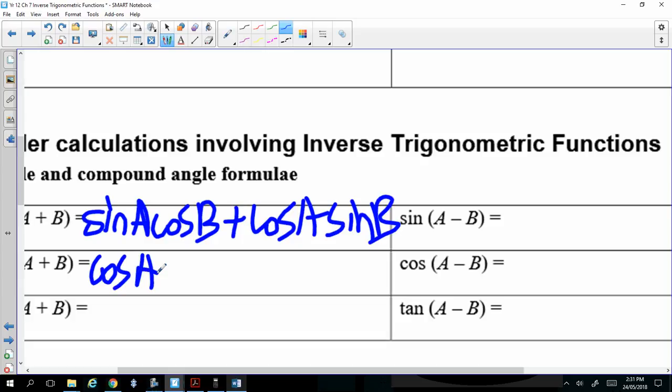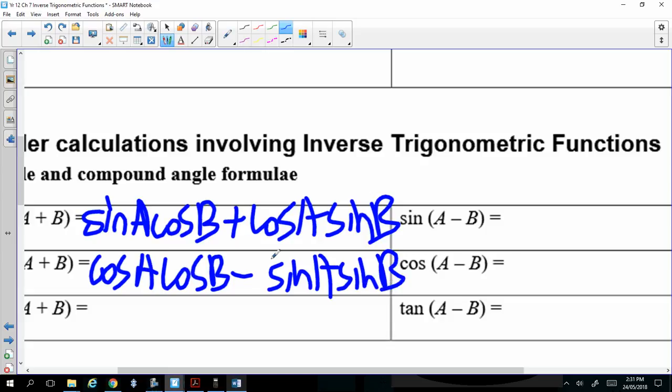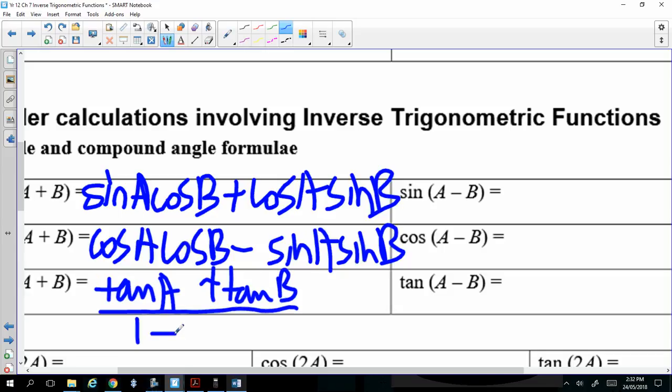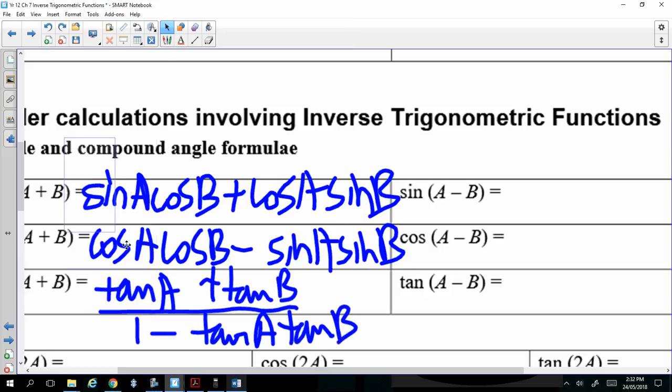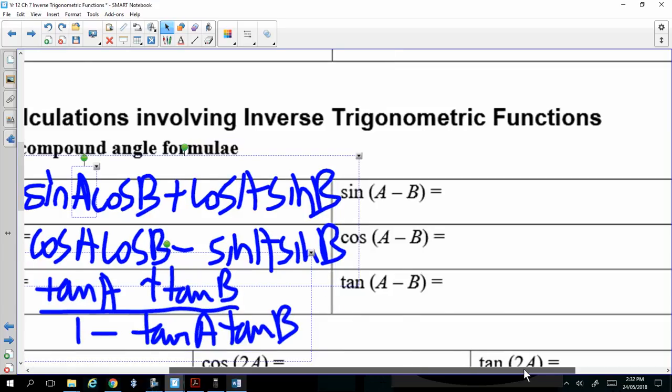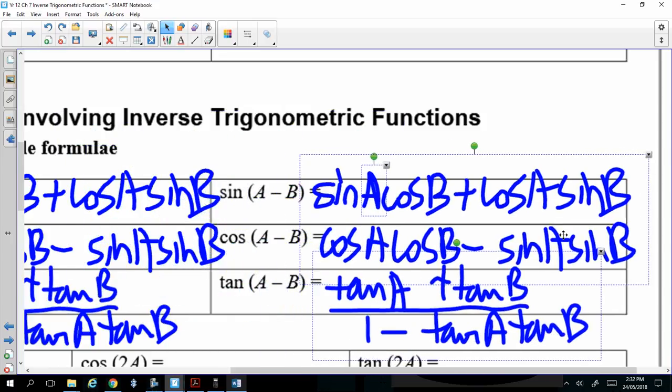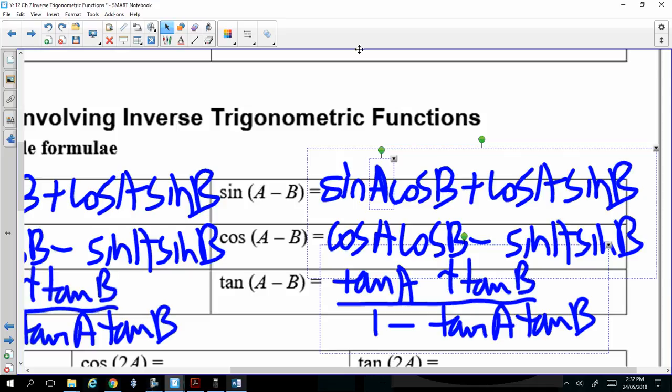And the next one is tan A plus tan B over 1 minus tan A tan B. And I could just copy and paste and just change a few things. Then all you have to do is to use another pen. This become plus, this become plus, and the other one become minus.